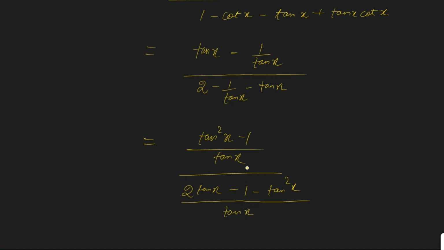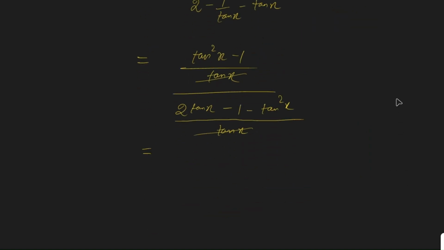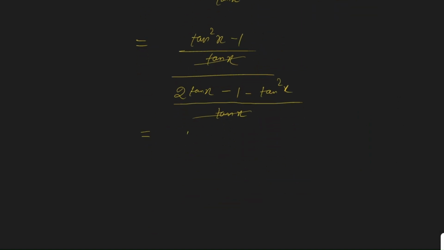Right, so in the next step we can just cancel out this tan x, and we are left with tan square x minus 1 over 2 tan x minus 1 minus tan square x. Okay, so let's further try to simplify this.